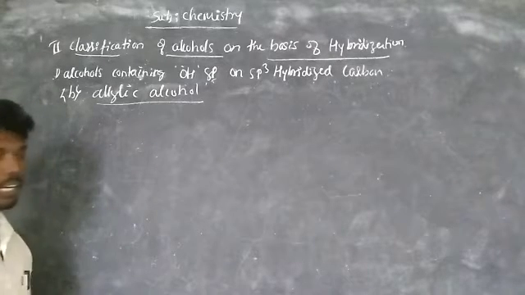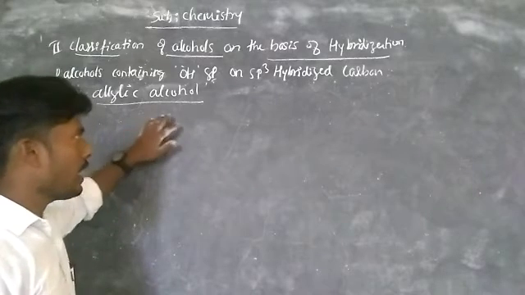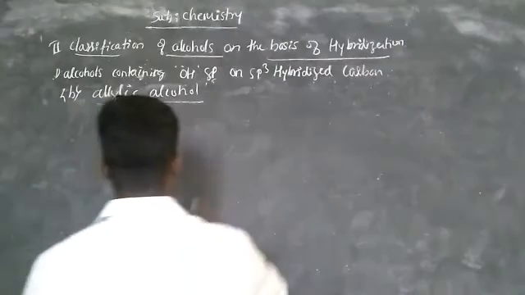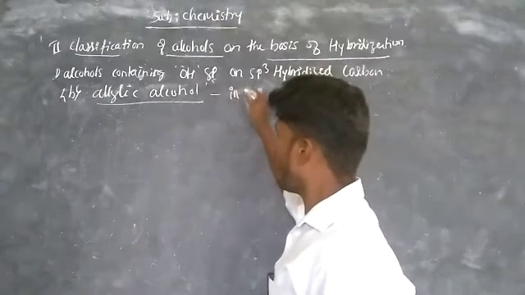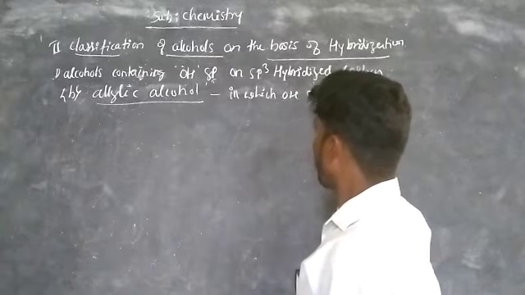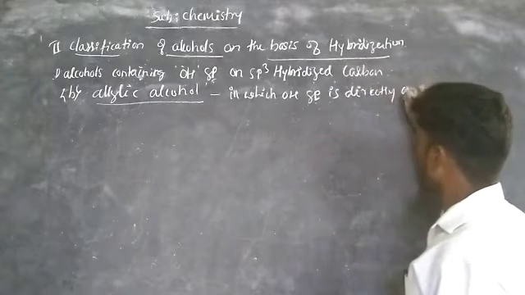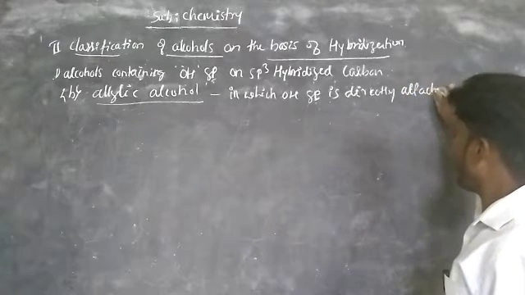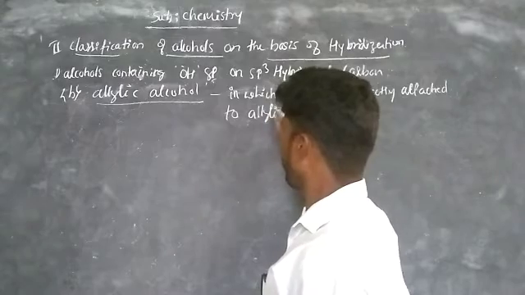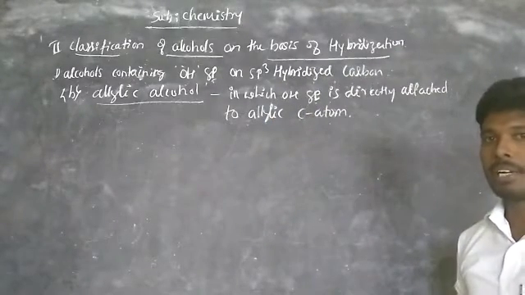So here allylic alcohol is also a type of alcohol in which the OH group is directly attached to an allylic carbon atom.